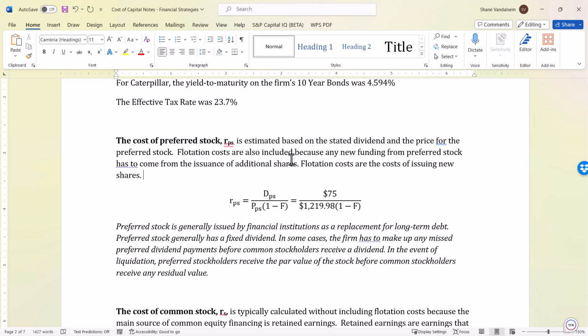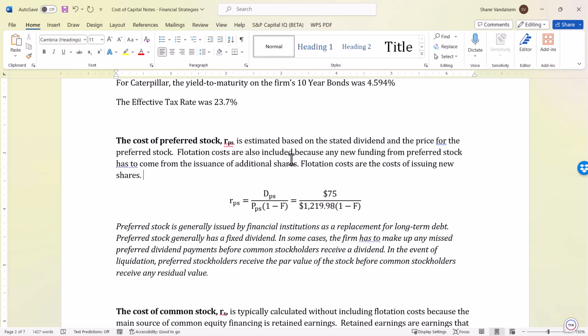So what that means is that, if Wells Fargo goes out and issues a new issue of preferred stock, they're going to have to pay investment banks, accountants, lawyers, and so on in order to get those actually created and sold.